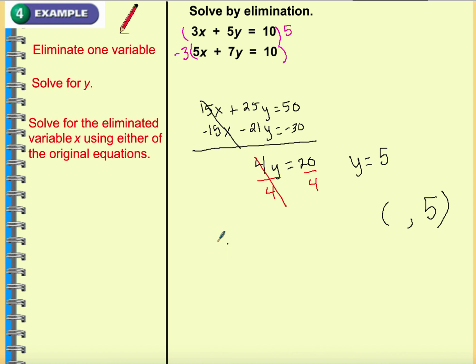It does not matter which equation that we substitute that y value back into. We got 4 equations up here. You just pick one. I'm going to go with the top one. We don't have to get fancy. So I got 3x plus 5 times y, which was really 5, is equal to 10. 5 times 5 is 25.